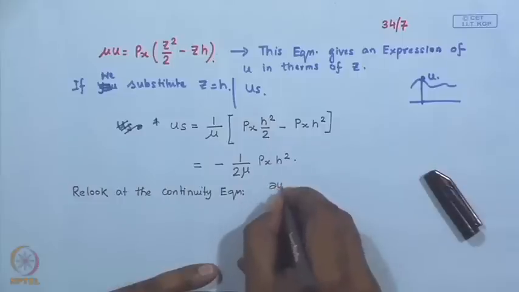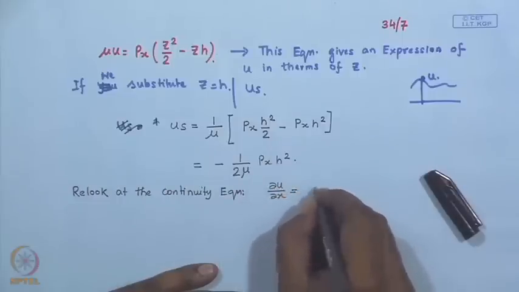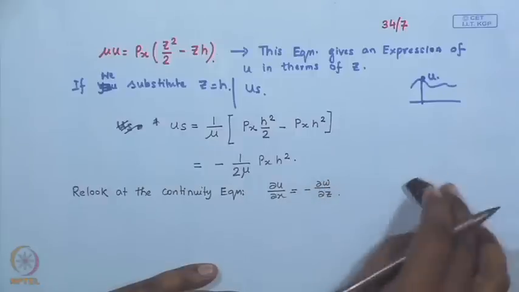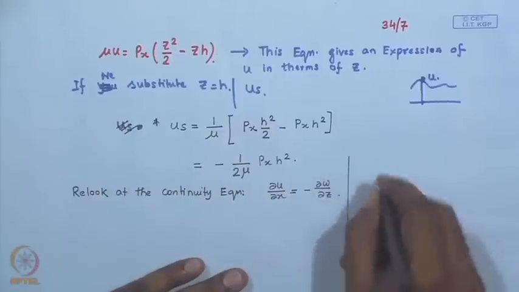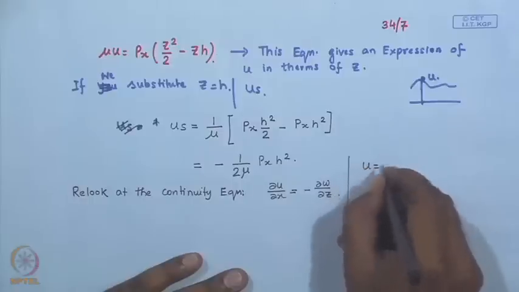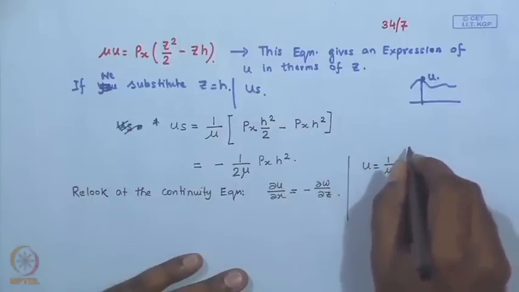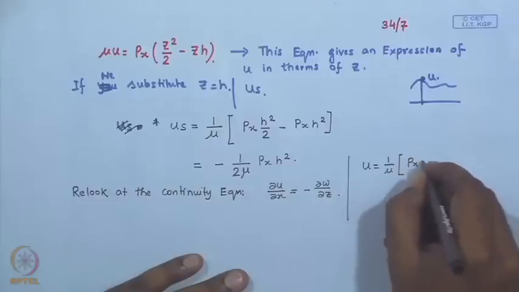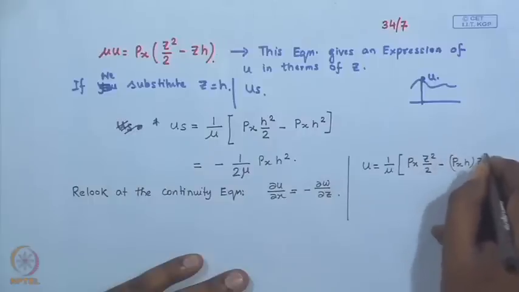Which gives del u del x is equal to minus del w del z. Now, we have an expression of u is equal to 1 by mu into px z square by 2 minus px h into z.